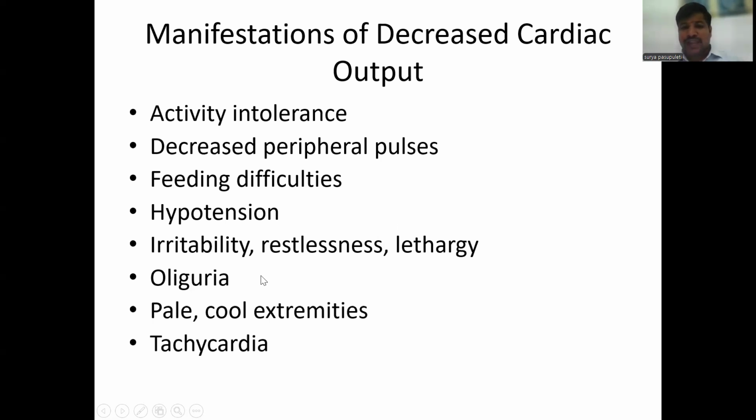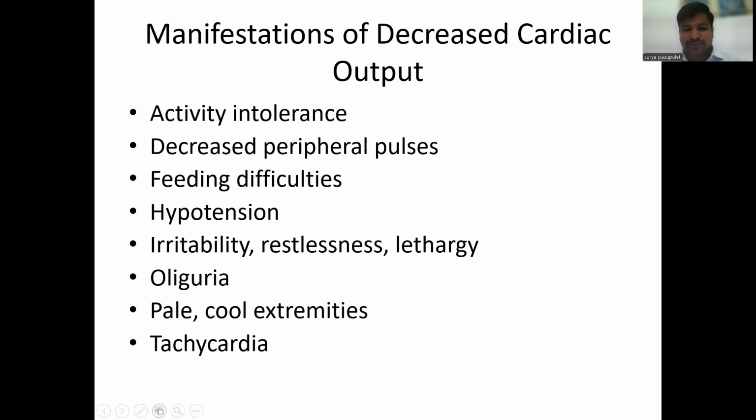As there is decreased cardiac output, automatically the blood flow to the kidney is also decreased. That leads to oliguria. And as there is decreased cardiac output, the blood flow to all parts of the body will be decreased. That leads to decreased metabolic rate, and the temperature will be decreased.